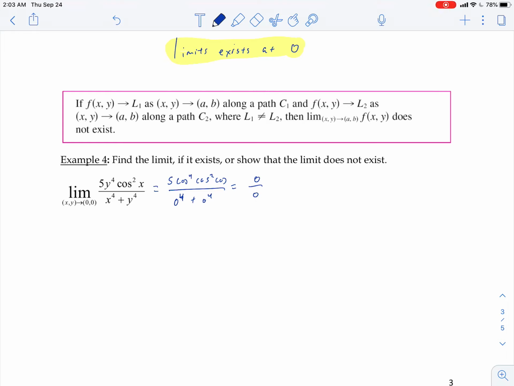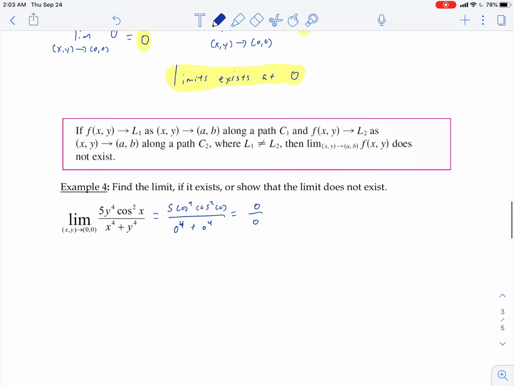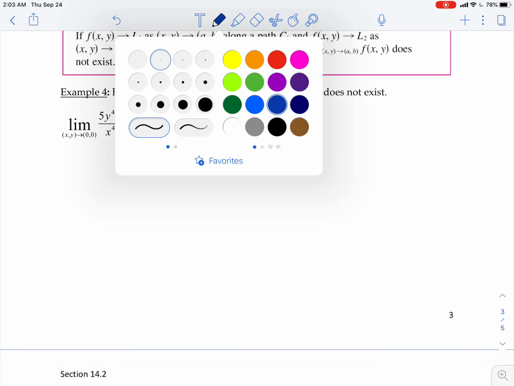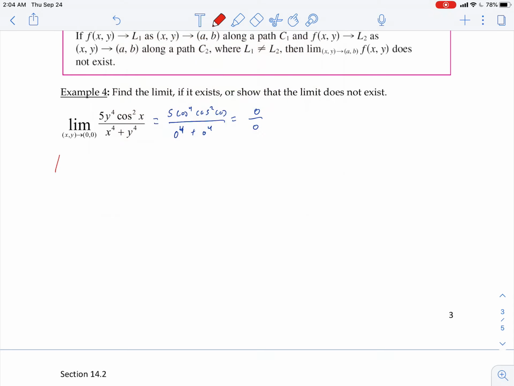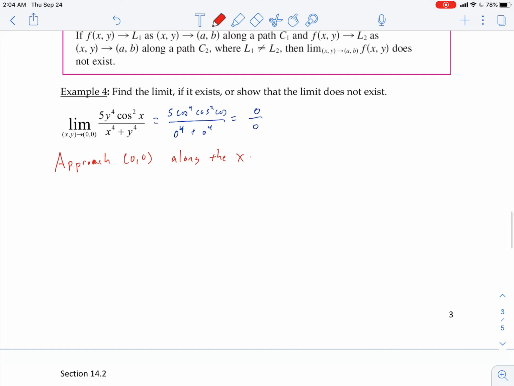And so the first pathway that I'm going to try, my first approach, is going to be to approach 0, 0 along the x-axis. So that's the first pathway.